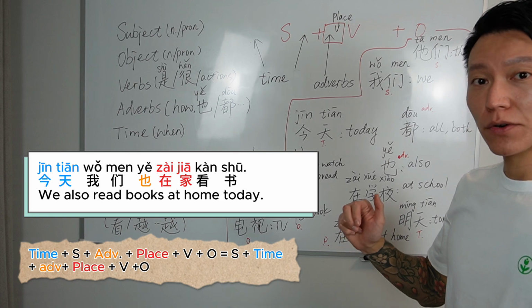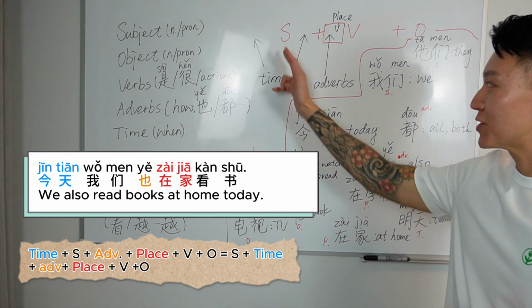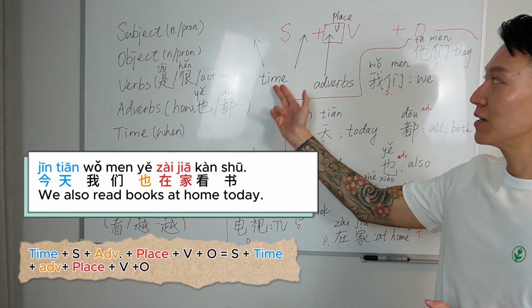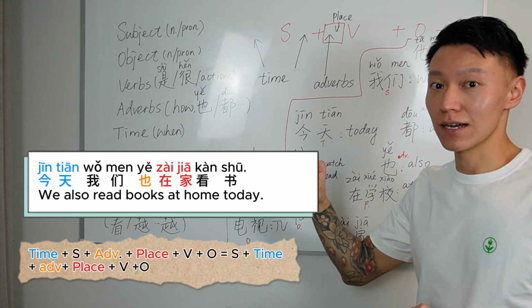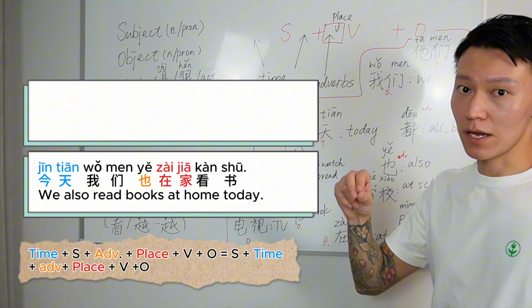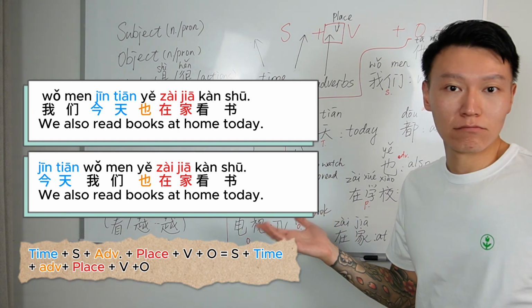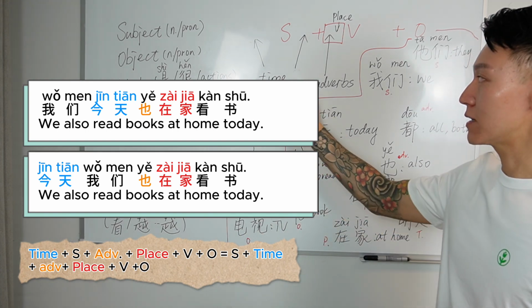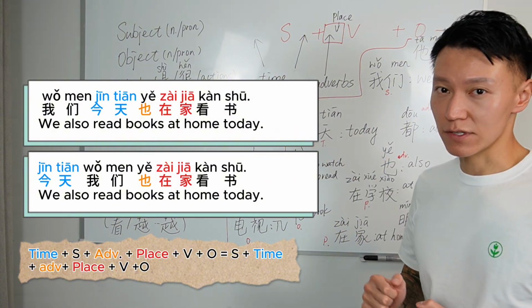So today we're going to read books at home as well. Let's switch the place of time. So earlier I said 今天我们也在家看书. I can also say 我们今天也在家看书. No difference, because time could be in front of the subject, and can also be after the subject.